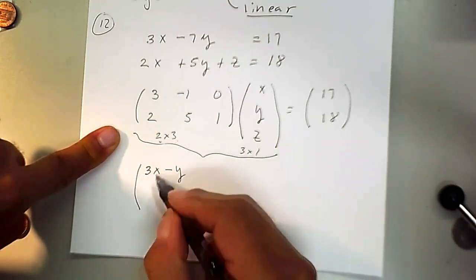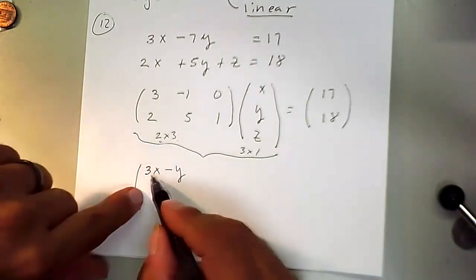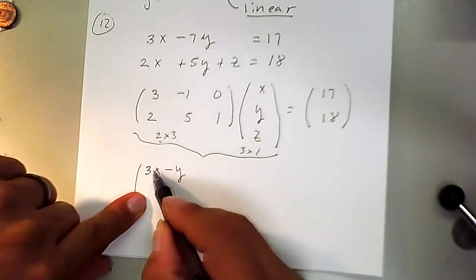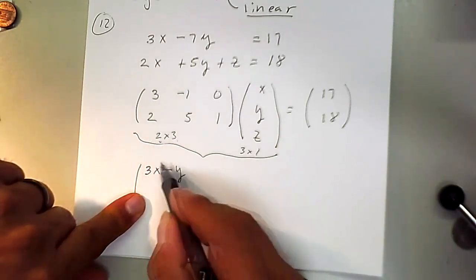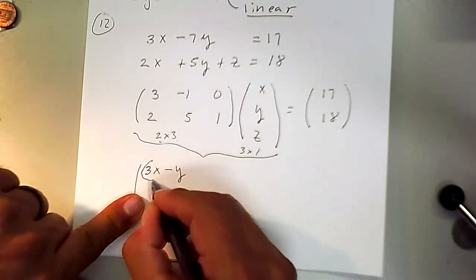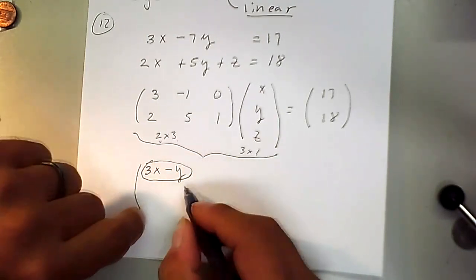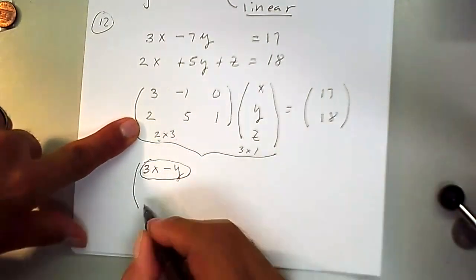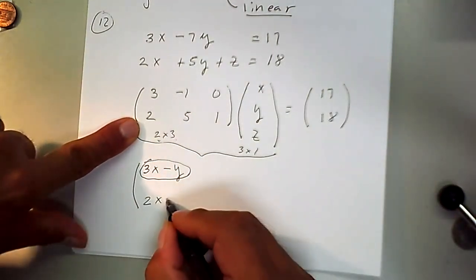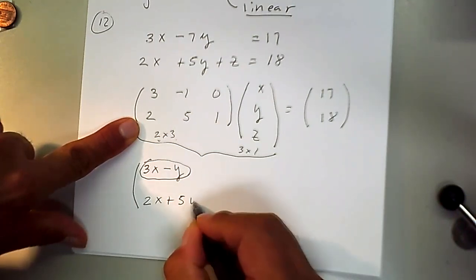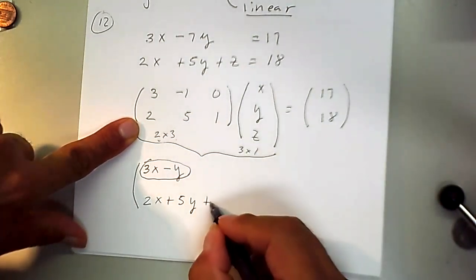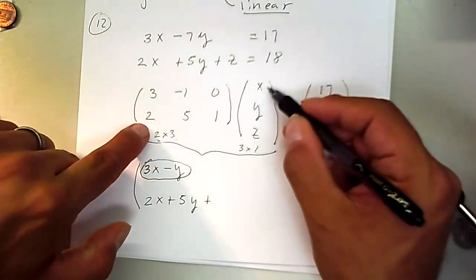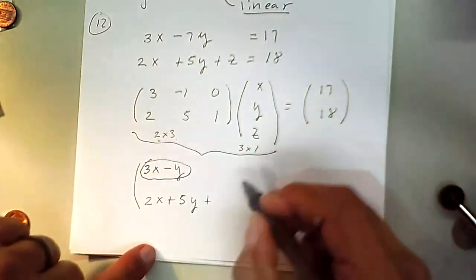So only 2 entries, even though this looks like there are 2 within this one. This is just 1 entry, I'm going to circle it just to show. And then the next entry, which is kind of long too, will be 2x plus 5y plus 1z.